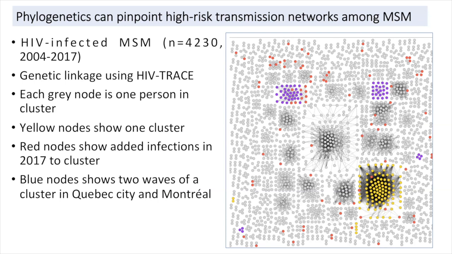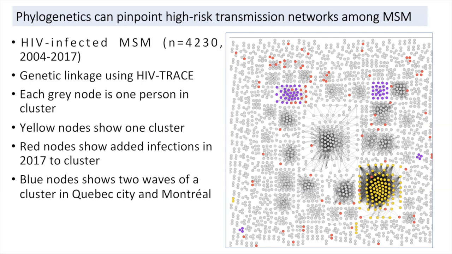And here we see specific populations that are at high risk. One thing you see is the large yellow cluster, which represents over 150 people sharing a common virus, in which you see 3 cases added in the year 2017.